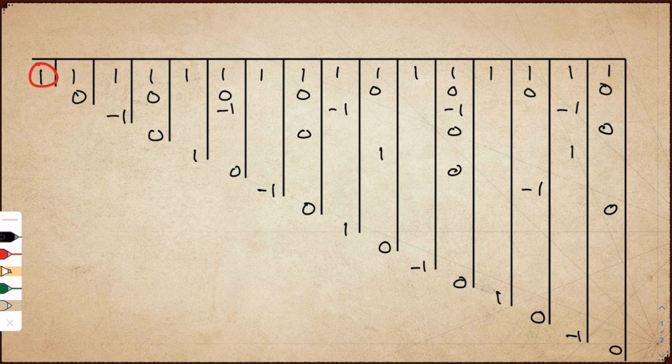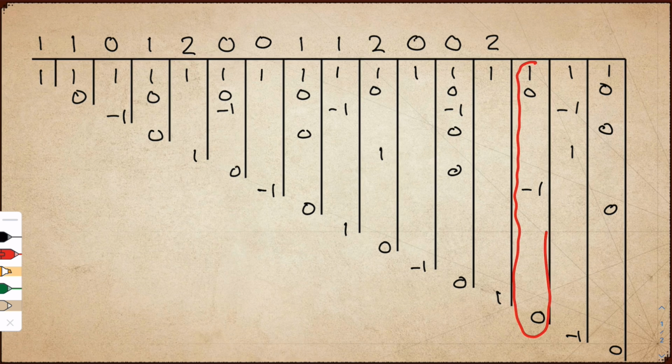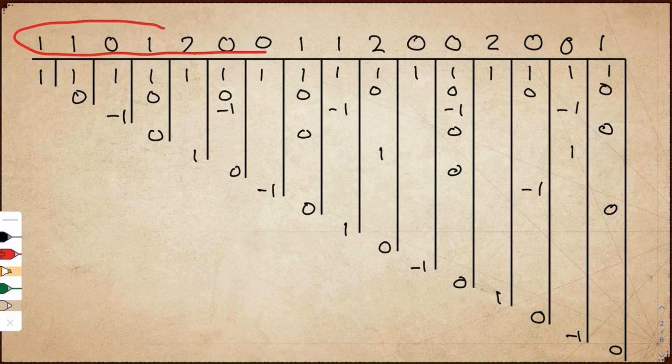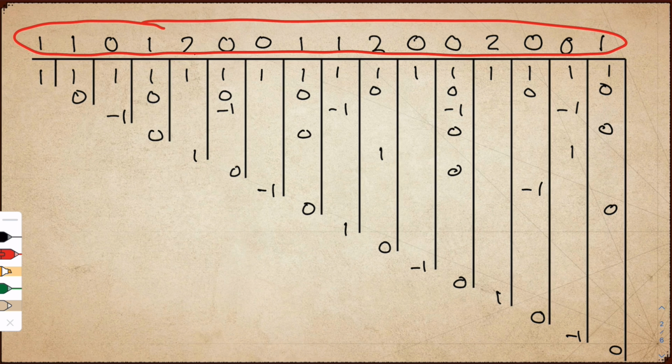The sum of 1 is 1, the sum of 1 and 0 is 1, 1 plus minus 1 is 0, 1 plus 0 plus 0 is 1, 1 plus 1 is 2, and so on. Now, we did not use the equation at all. We have reconstructed the L function by using a much simpler object, the diagonal.